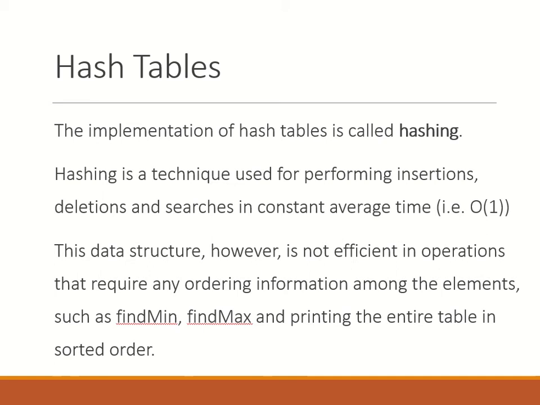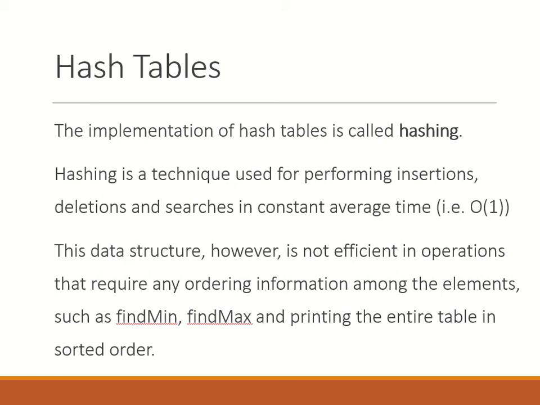If you are talking about parent node, child node, or elements having a value greater than or lesser than, all those relative orderings will not be applied or even taken into consideration in the case of a hash method. So that is the disadvantage. You cannot effectively represent the relative ordering that exists between the data elements, like you have in a binary search tree, a binary tree, or even a heap.